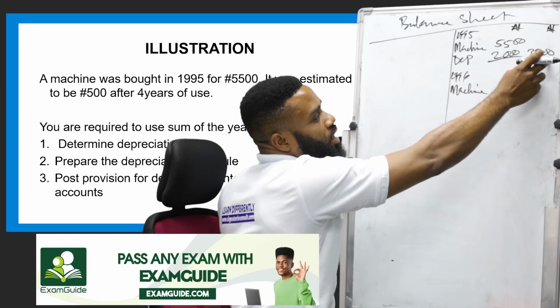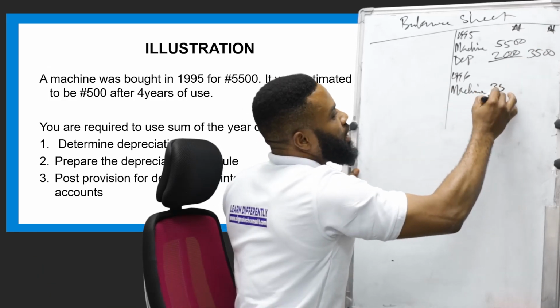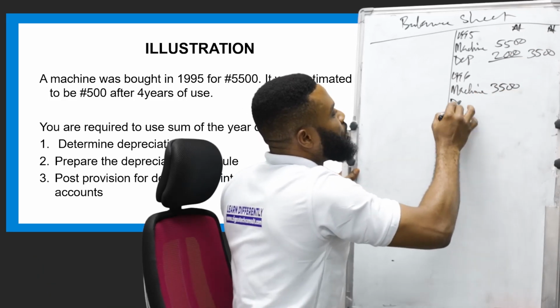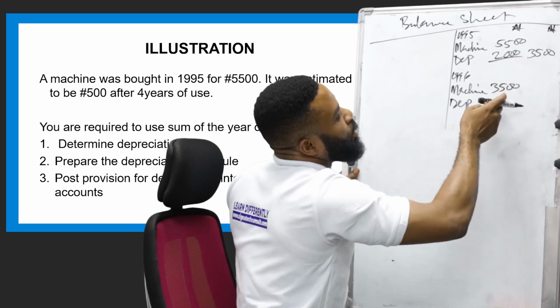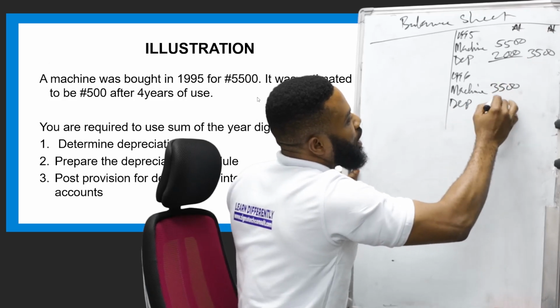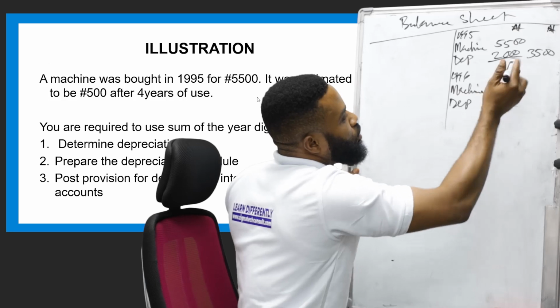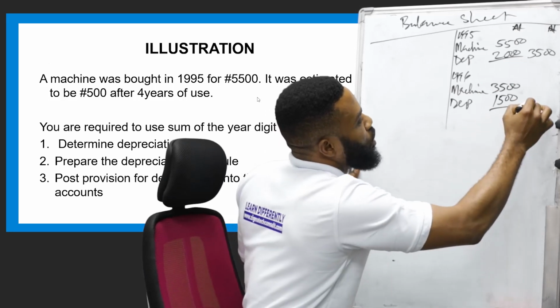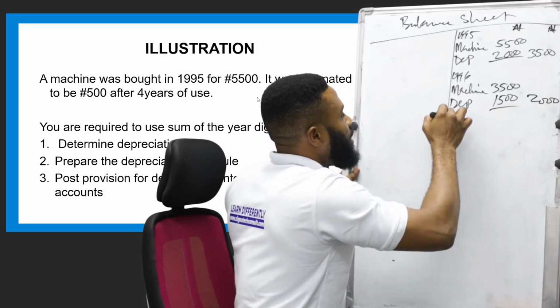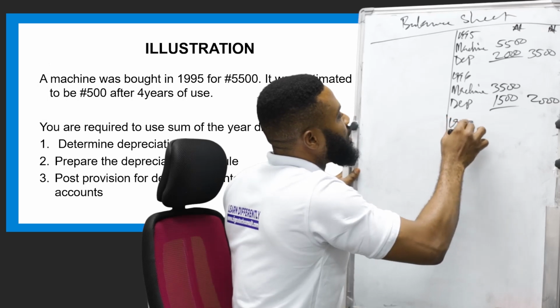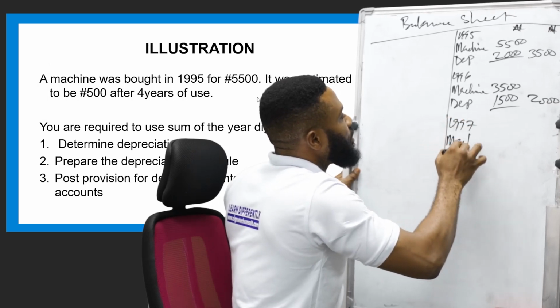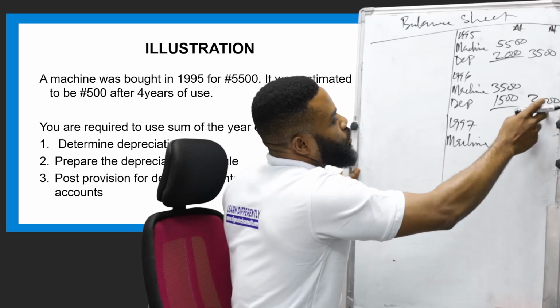It has reduced to 3,500. So you have 3,500, and then the depreciation is how much? For the second year, depreciation is 1,500. When you subtract this, you are going to have what? 2,000.